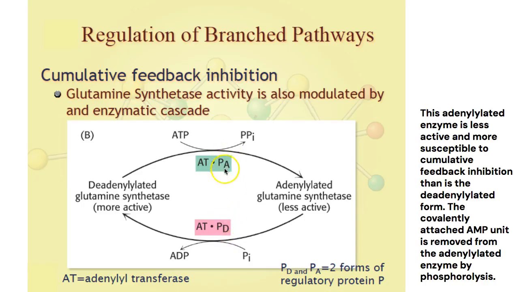When this protein, which acts as an inhibitor, is activated, it will inhibit the enzyme, the adenylated glutamine synthetase. But when that protein is not activated, then you have a more active, deadenylated glutamine synthetase.